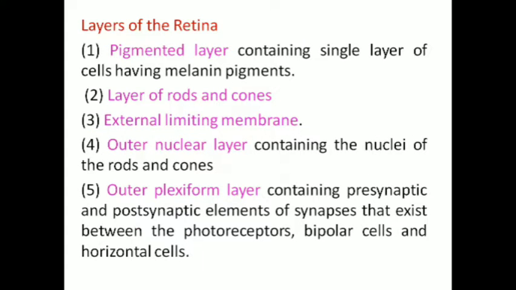Next, just have a recap of the layers of the retina. From outside to inside, the layers are: pigmented layer containing a single layer of cells having melanin pigments; layer of rods and cones; then external limiting membrane; outer nuclear layer containing the nuclei of the rods and cones; the outer plexiform layer containing presynaptic and postsynaptic elements of synapses that exist between the photoreceptors, bipolar cells, and horizontal cells.